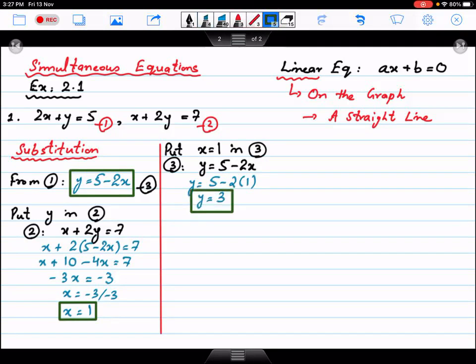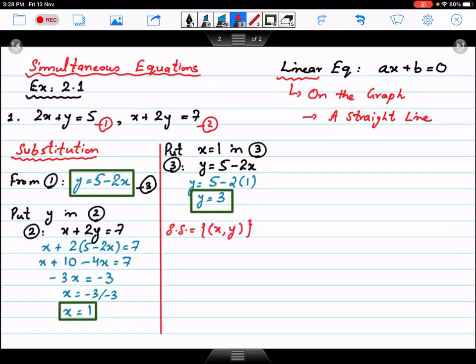So now we have the value of x and y, which we can write in the ordered pair form. What is an ordered pair? It is in the form of x comma y. Solution set means whatever the answers of the equation, we write it in the solution set.